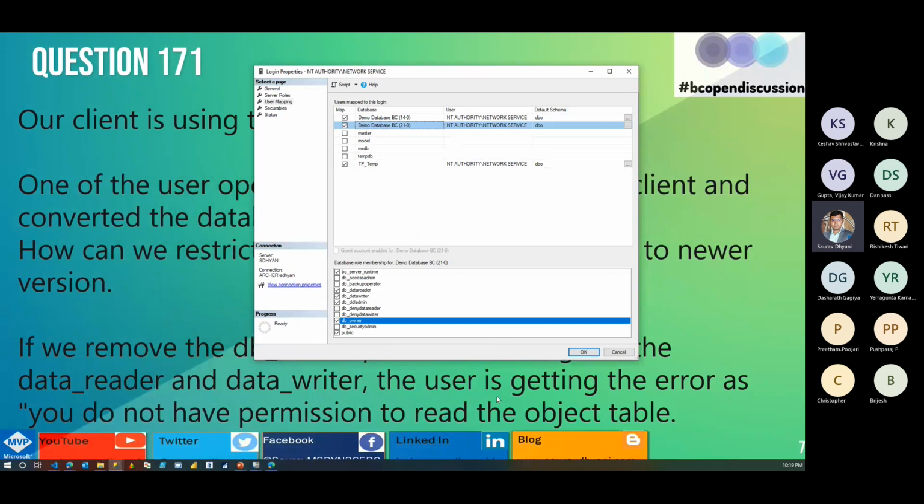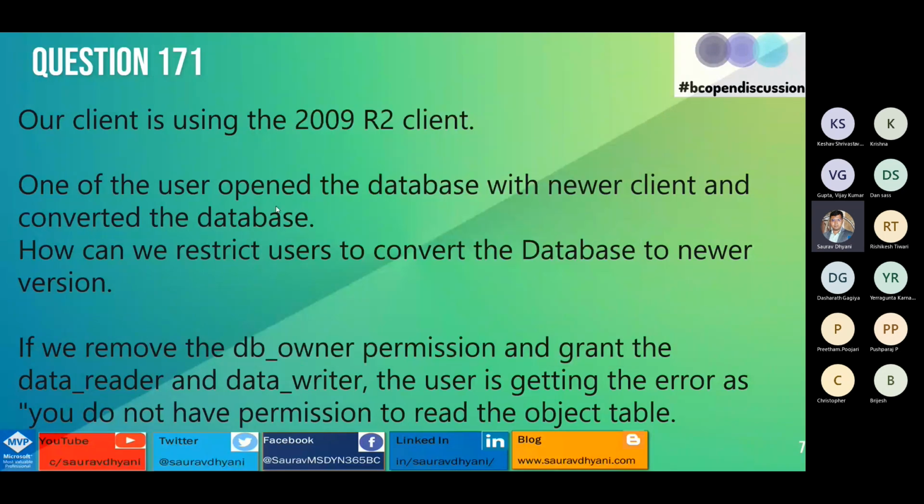You don't have permission to read the object table. If he keeps the DB owner permission, they can do everything that they want. And I didn't ask about the user permission, but I'm hoping for non-super users. But then they also get the right to convert the database. Is there a way where I can say that, if the user doesn't have access to these 10 objects, then they will not be able to convert it?